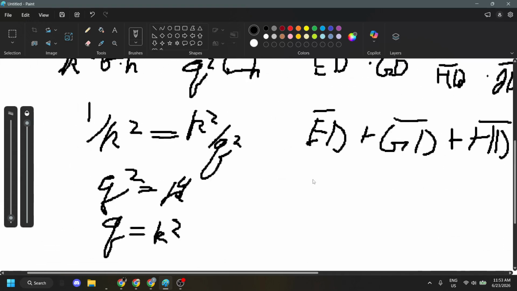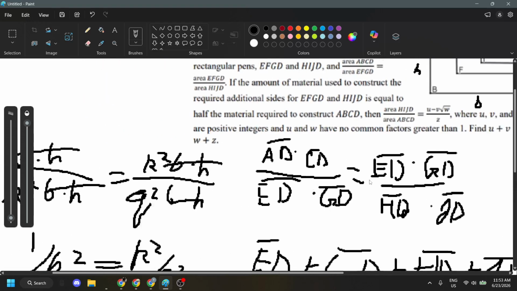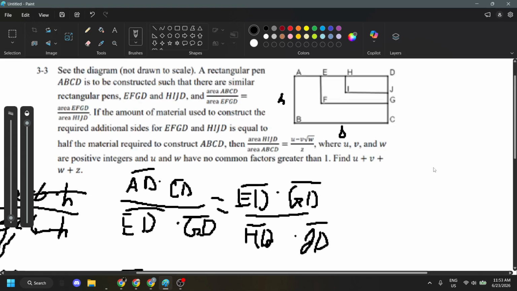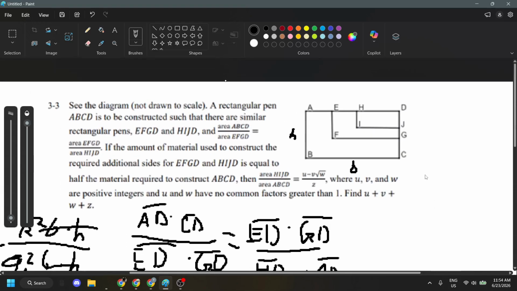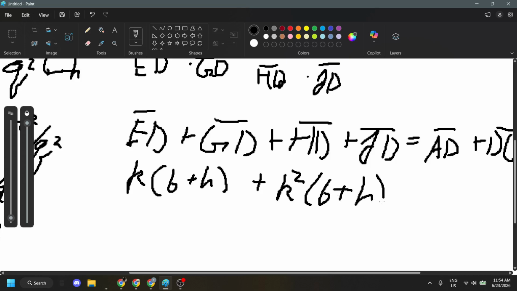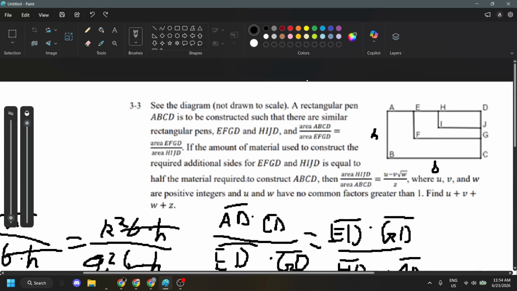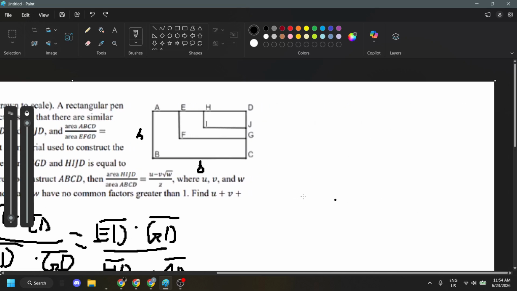So, we see here ED, GD. Okay, so this is going to be K base plus height, plus K squared base plus height, is equal to base plus height. So, can we turn this into a quadratic to solve for K? Wait, I want to see what this is asking.